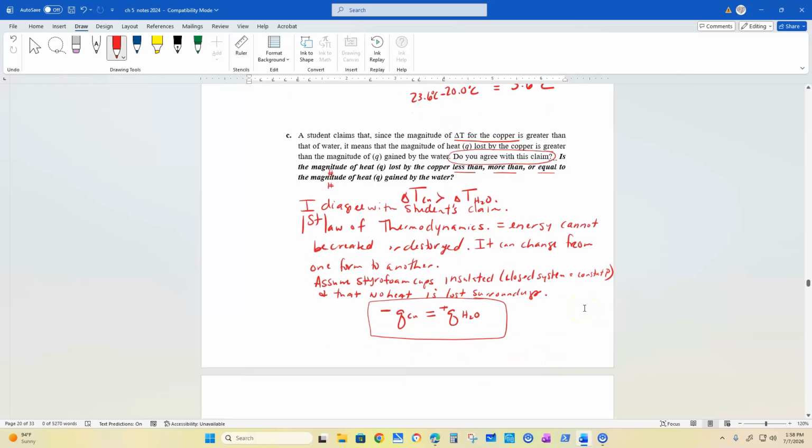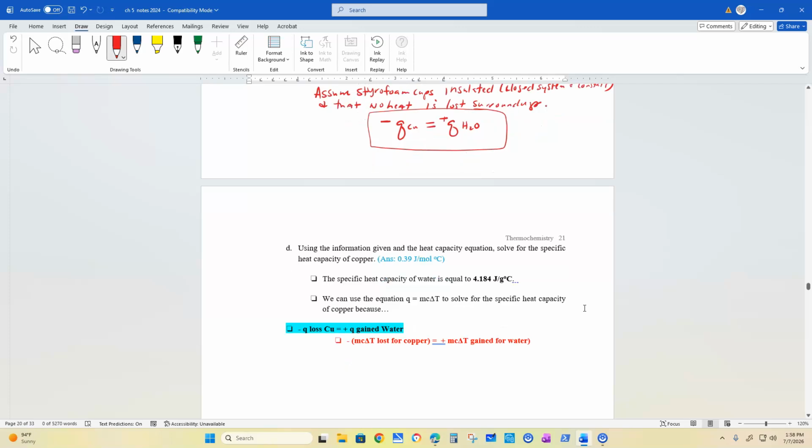So let's actually calculate it, okay? So using the information given and the heat capacity equation, solve the specific heat of copper, okay? Well, we know water specific heat because we got to take water into account of this. We're going to use our specific heat equation to solve for copper because the heat lost by copper is also the heat gained by water.